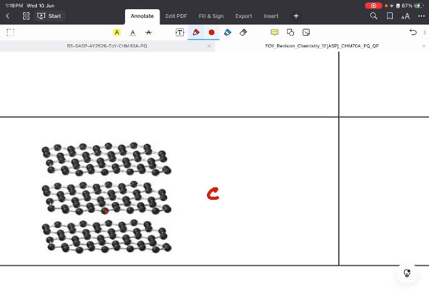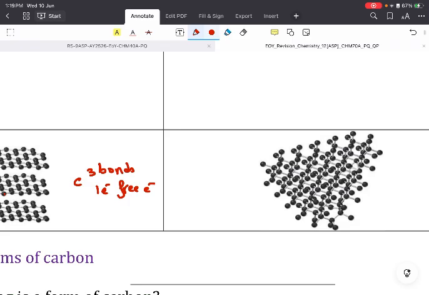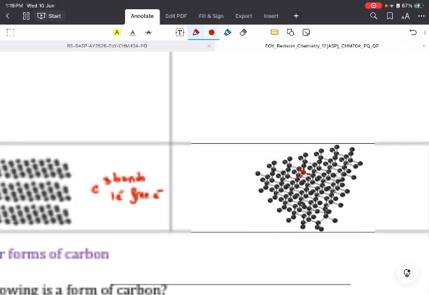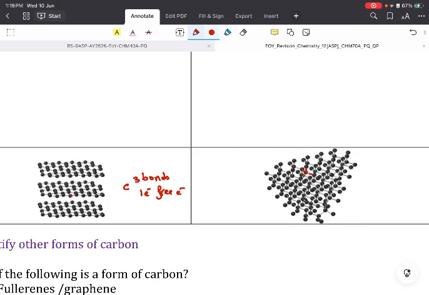Usually carbon belongs to group 14, so it must have 4 bonds, which means there is 1 free electron floating around. Whereas in the diamond structure, every carbon has 4 bonds, so there are no free electrons.